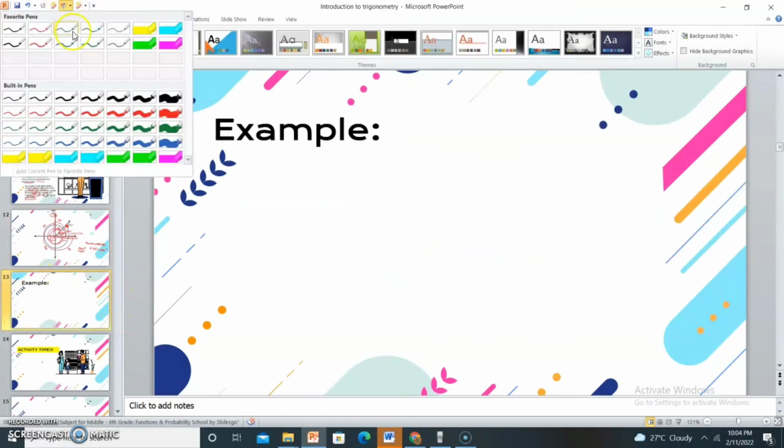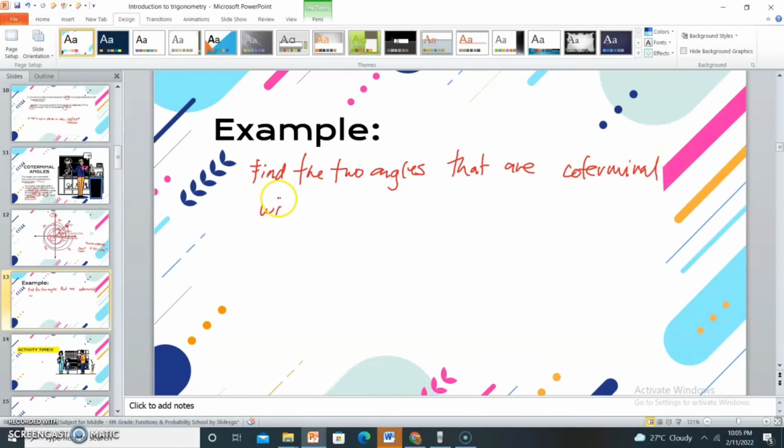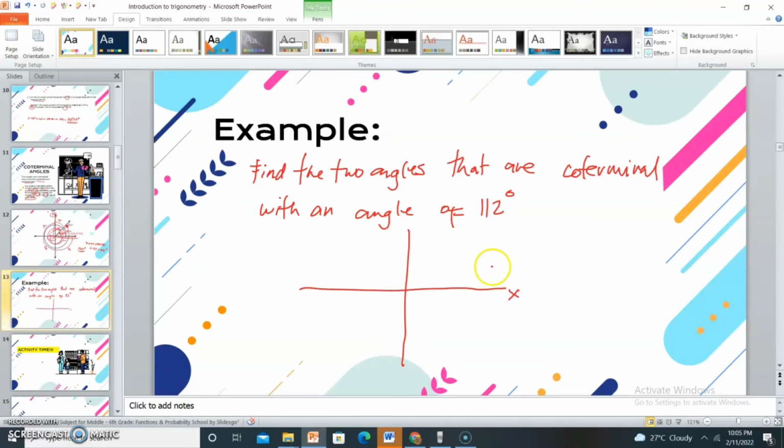Next example. Find two angles that are coterminal with an angle of 112 degrees. So how do we graph it? We have the x-axis and the y-axis.